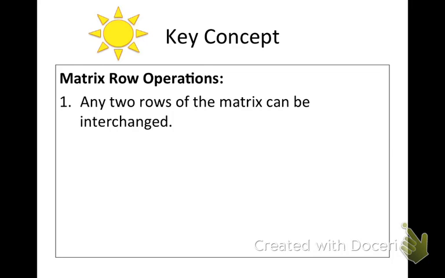So, rule number 1: any 2 rows of the matrix can be interchanged. Meaning, I can move row 1 down below row 2 and move row 2 back up to the top. Or if there are 3 rows, I could put row 3 up to the top and then shift them down. So I can move rows and interchange them within themselves.